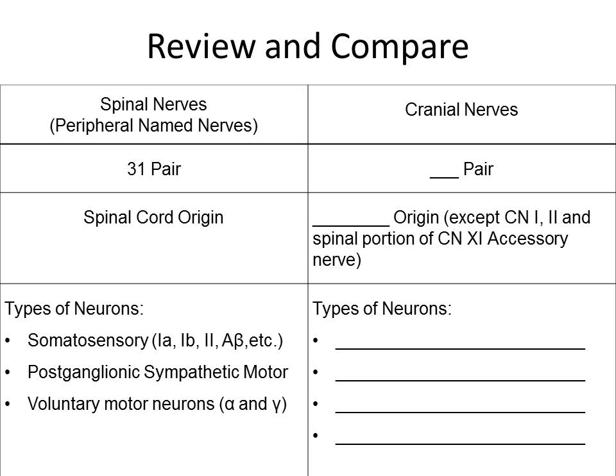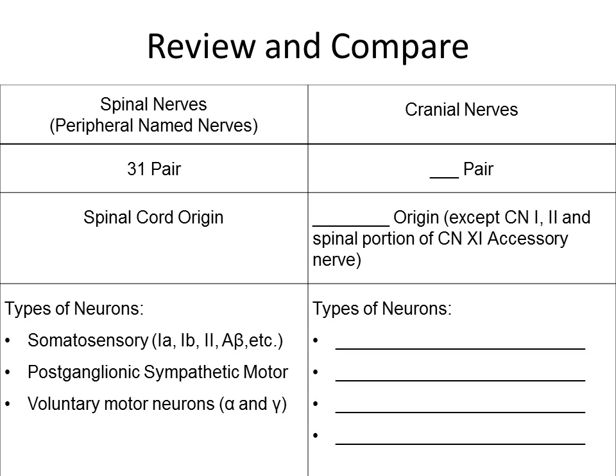Cranial nerve 1 and 2 are going to originate elsewhere, as is the accessory portion of cranial nerve 11, the accessory nerve. That portion of the accessory nerve actually originates in the spinal cord in the upper cervical levels. Cranial nerve 1 and 2 are going to originate in an area by the brain. But for the remainder, they have a common origin, and I'd like you to see if you can fill in that blank.